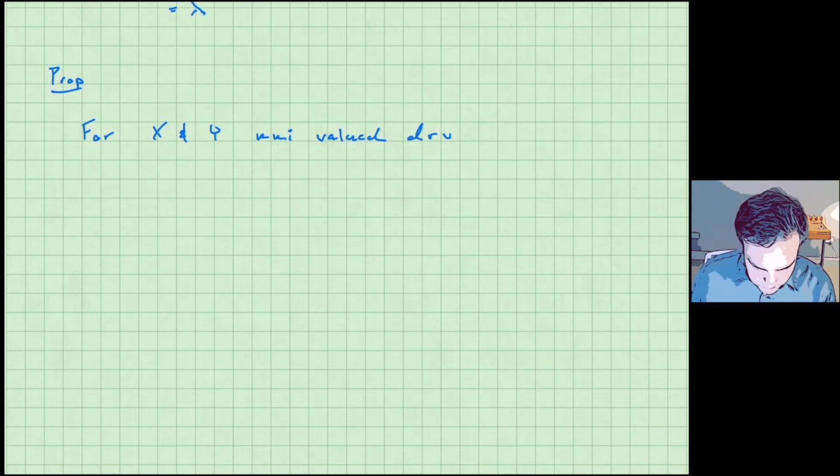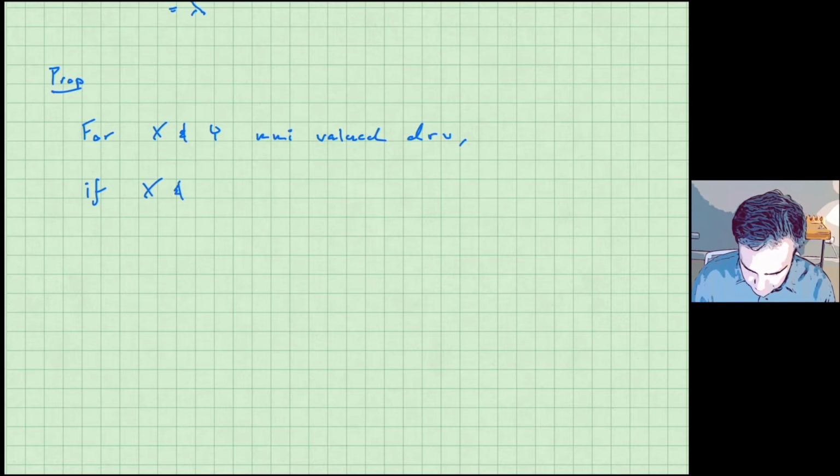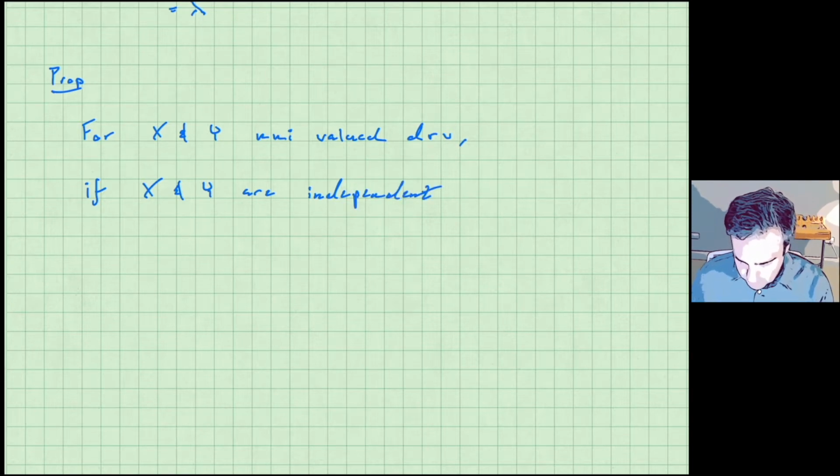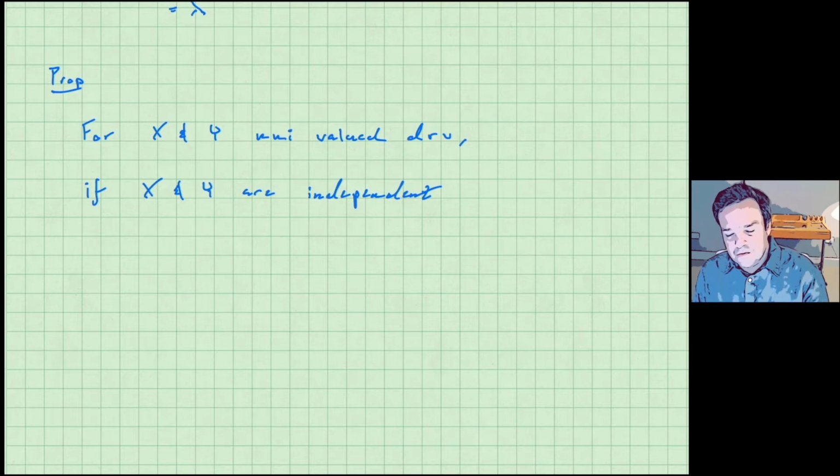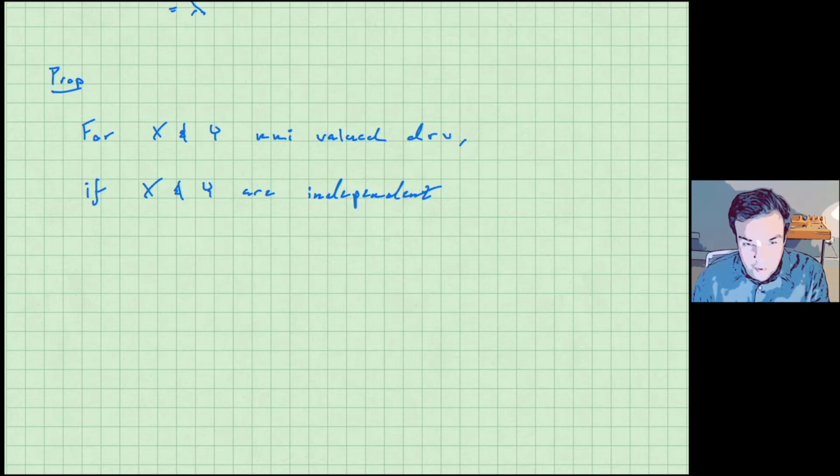So let's suppose that you have this, and you're told x and y are independent. In the back of your mind, you should ask yourself, well, what does that mean? I remember something. If you don't remember exactly what it means, you can go back and look at your old notes.